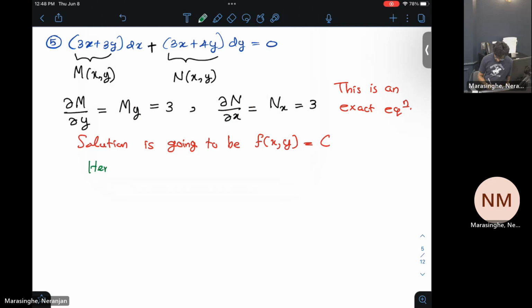Hence, partial f over partial x dx plus partial f over partial y dy is equal to 0. Now you can do some comparison between these two.